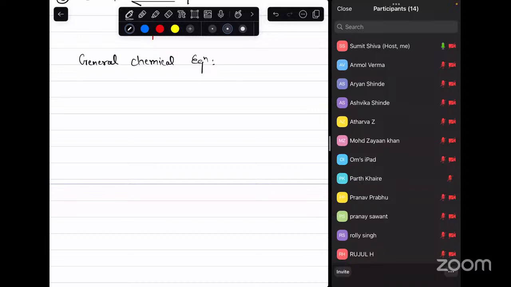So let's say I have aA plus bB, which gives cC plus dD. Because it is a chemical reaction which is happening in both the directions, we have to give this double arrow. This is a general chemical equation which is happening in forward direction and backward direction.